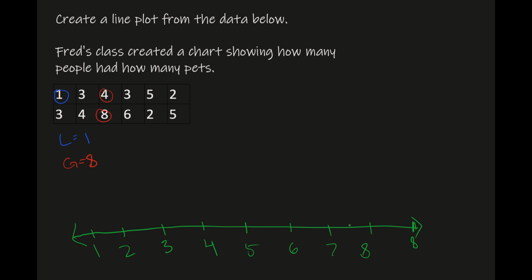Now I made too much, so I am going to erase this line right there. This part's going to be hard. And now I'm going to try and draw a line that goes through all of this.